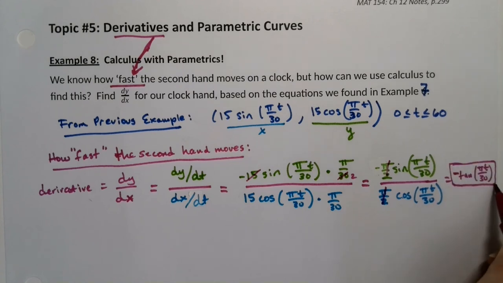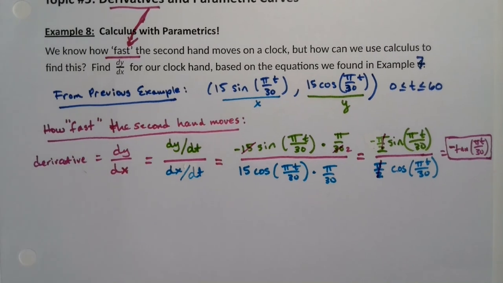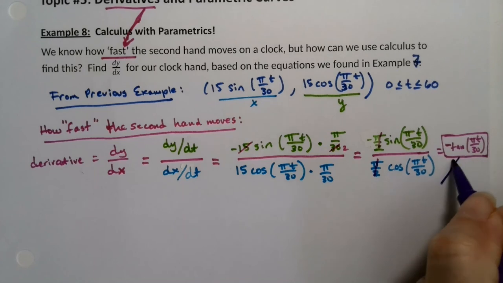That's how fast it's going to be moving at any point, right? It's the slope of the line tangent to the second hand at any time t. So let me write that down.